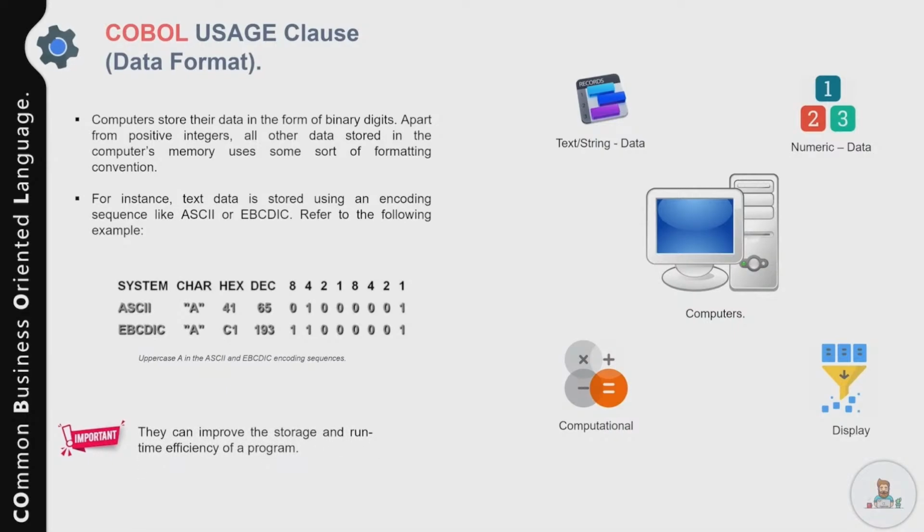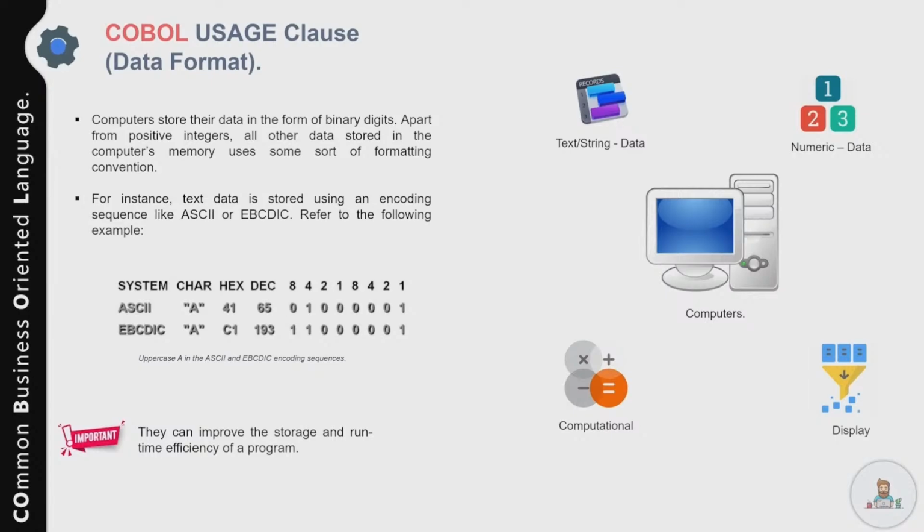encoding sequences. From a numerical data perspective, COBOL as a programming language gives you a lot of control over how numeric data is held in memory. In COBOL, numeric data can be held as text digits, that is ASCII digits, or in binary numbers, or as decimal numbers using binary coded decimal, that is BCD.